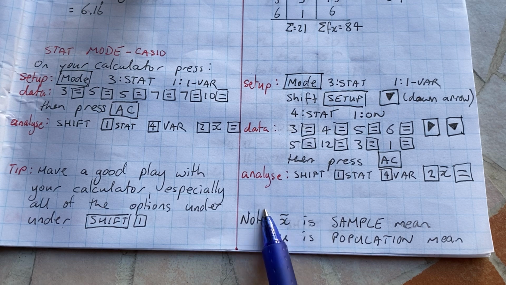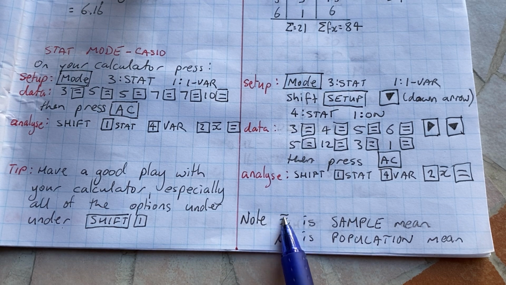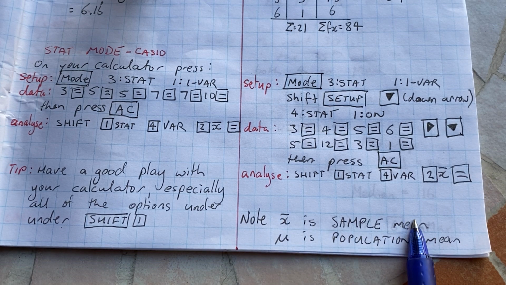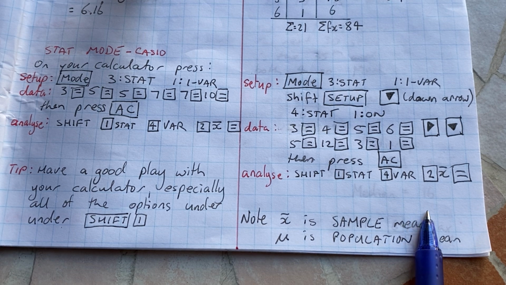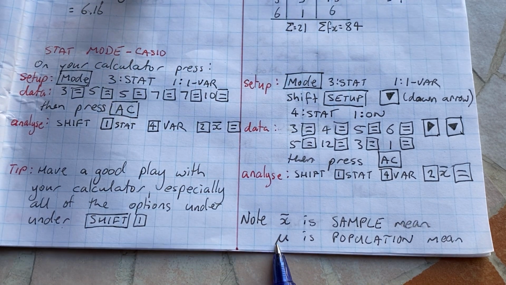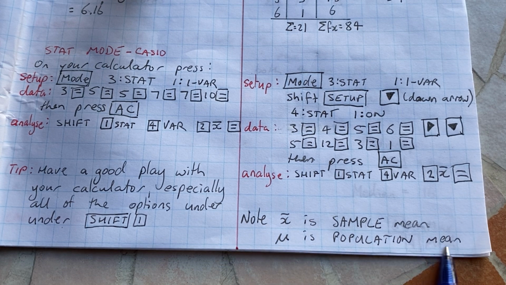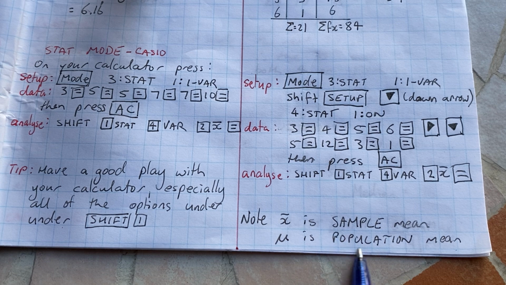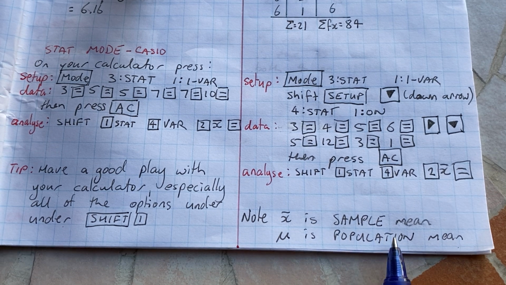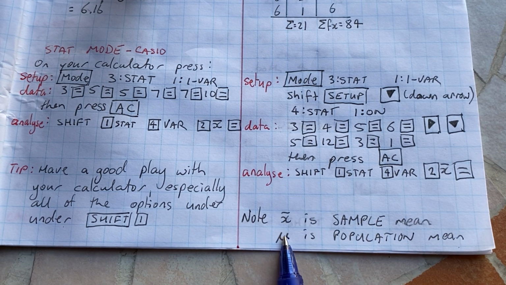And just something about notation, if we have X bar, we use that for the sample mean. So if we've done a survey on just a sample of the people, we would use that one. Whereas mu, Greek letter mu, that's the population mean. So if we've surveyed every single person in our population, then we would use that one.